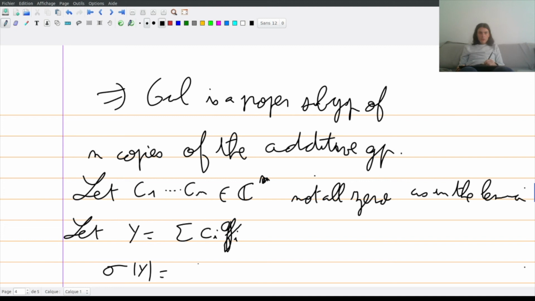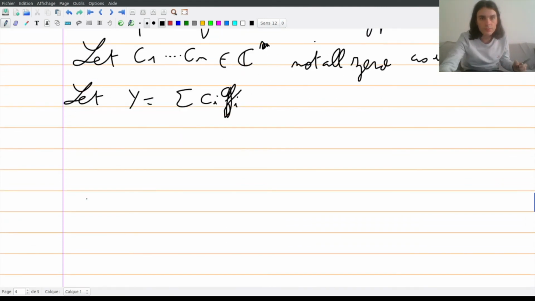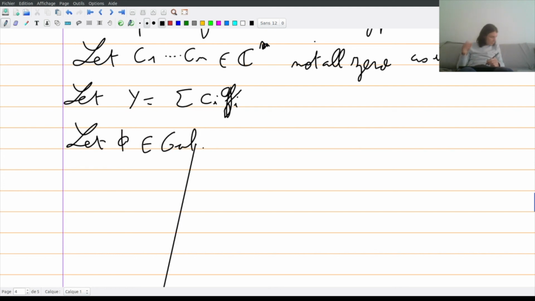Sorry, it's not what I want to do. So let's see, in the Galois group, I want to compute the image psi of y.